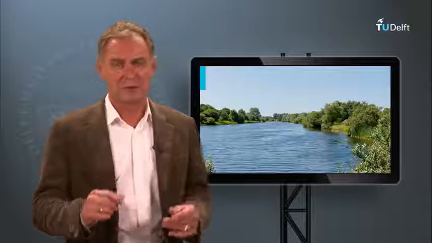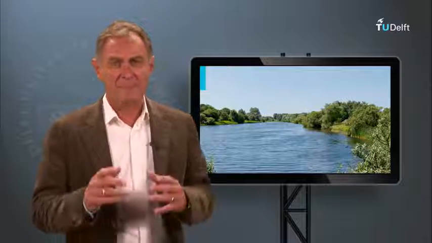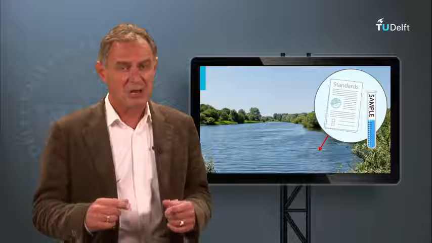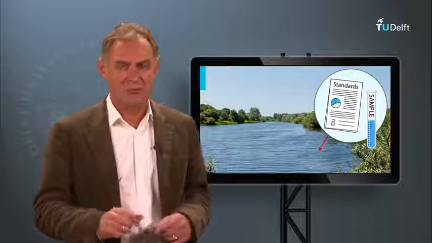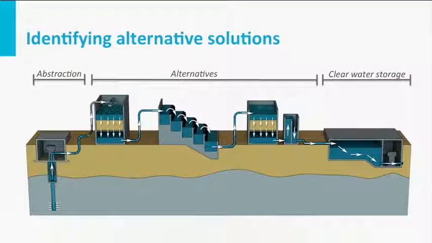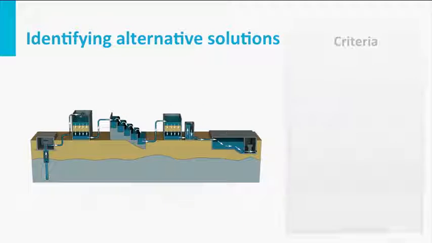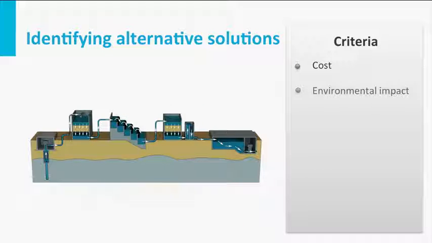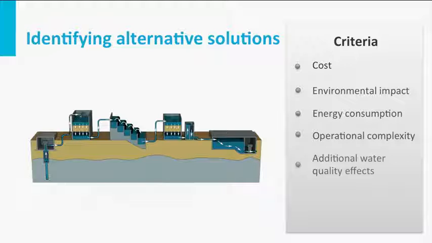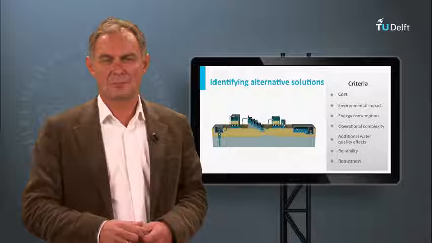Alternative solutions for the treatment plant are identified based on the raw water composition and the drinking water standards and requirements. Mostly, there are different possible processes and positions of the processes in the treatment train. Based on objective criteria such as cost, environmental impact, energy consumption, operational complexity, additional water quality effects, reliability and robustness, an alternative is chosen.